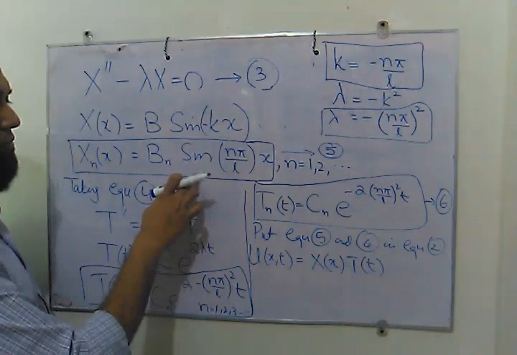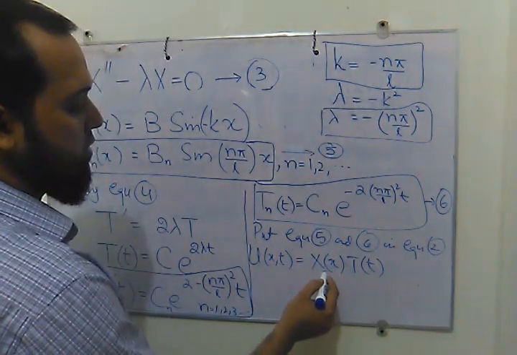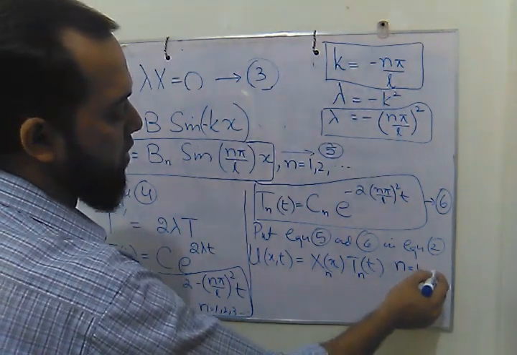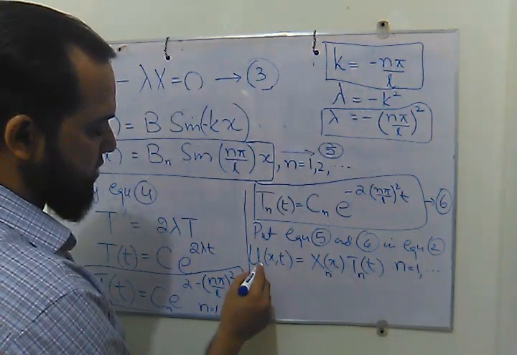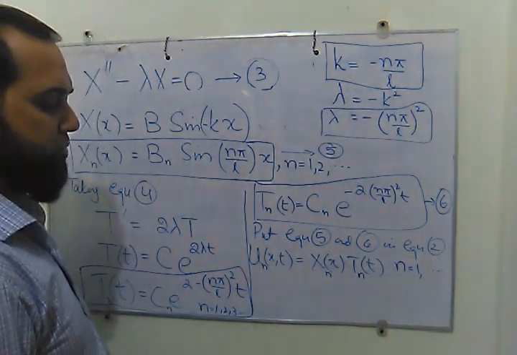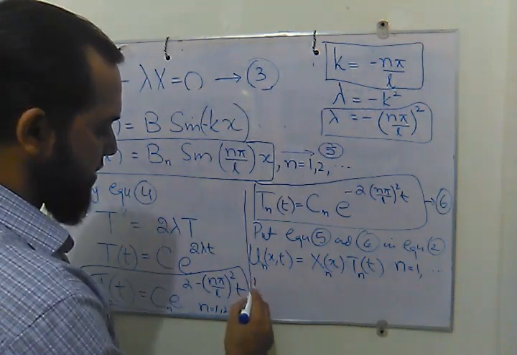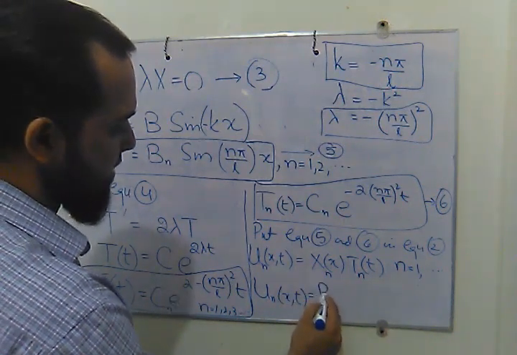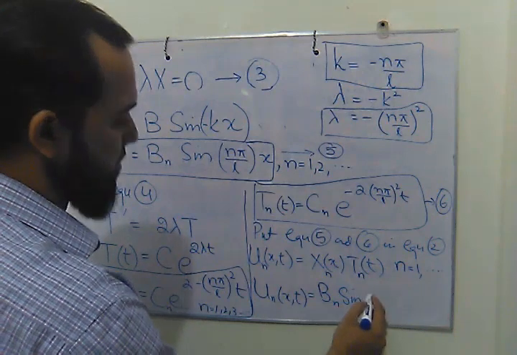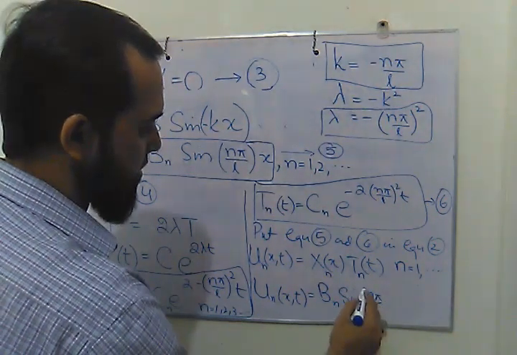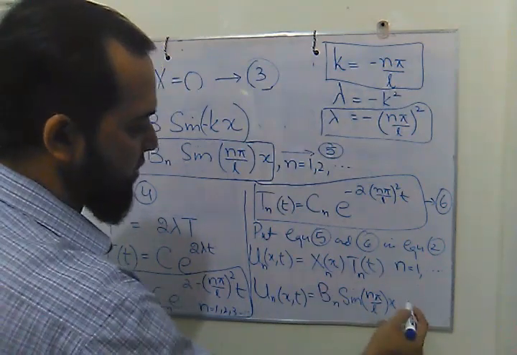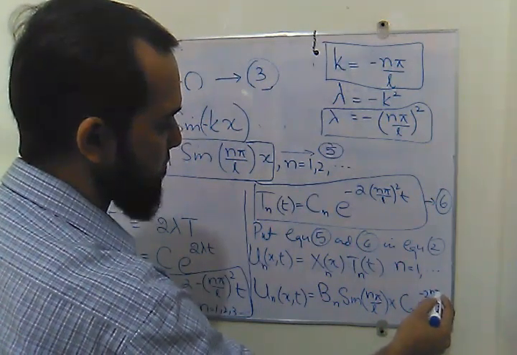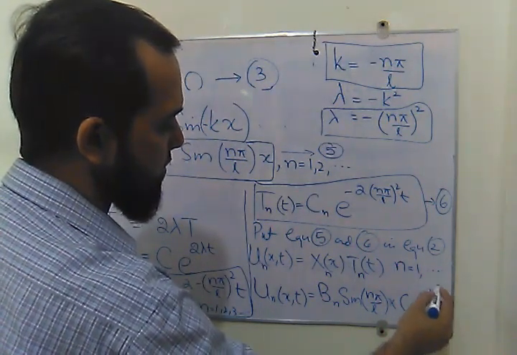Since in the solutions of 5 and 6 we have n, if we put n here, because of the value of n from 1 and so on, this makes multiple solutions, and this is also un of x, t. We put the values here and we see that un of x, t is equal to bn sine n pi upon L x, and for T of t we write Cn exponential minus 2 n pi upon L square t.